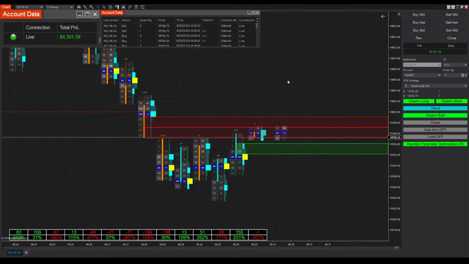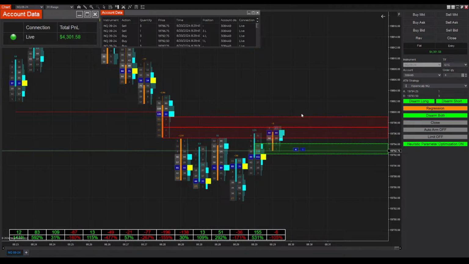Up to 4,300 now. We may have to swap to regression if we bounce off this zone here. Yep, definitely a regression swap.